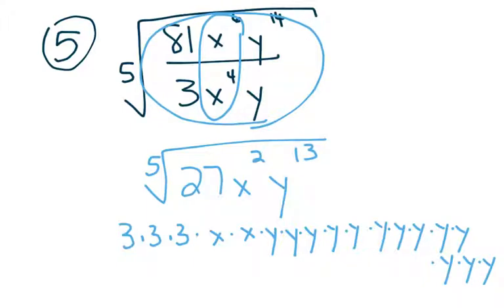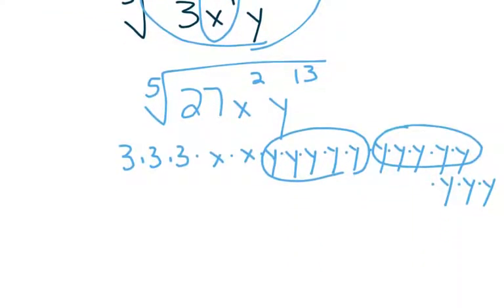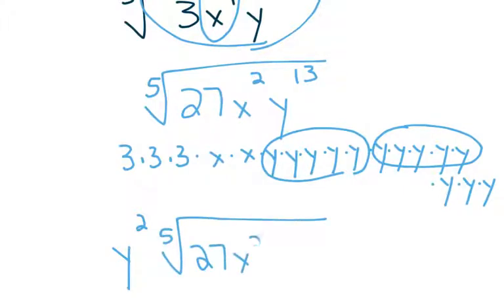A 5th root means look for groups of 5 of the same thing. I want you to notice that there are 2 groups of 5 y's. Nothing else is a group of 5 of the same thing. That means I cannot take anything else out. So I'm left with the 27 and the x squared. But when I take those 2 groups of y out, I'm still left with 3 y's under the radical.